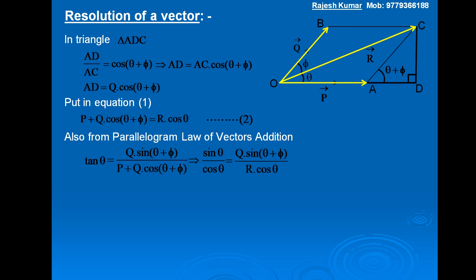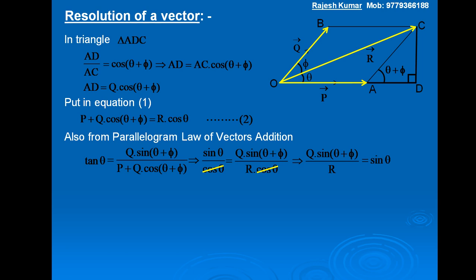Now in the left hand side and right hand side, in the denominator, cos theta cancels with cos theta. So this implies Q into sine theta plus phi upon R is equal to sine theta.